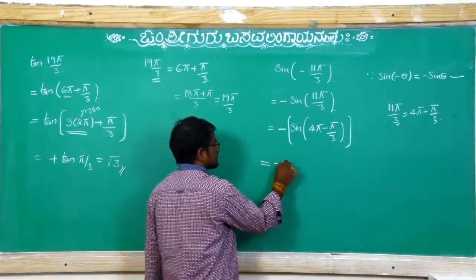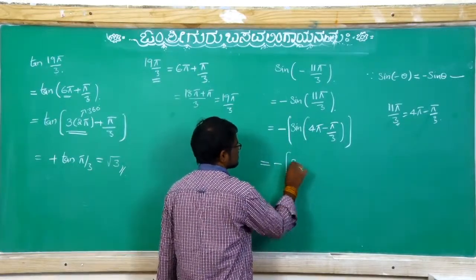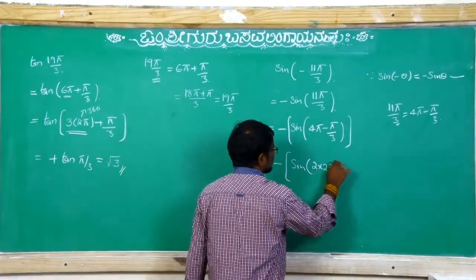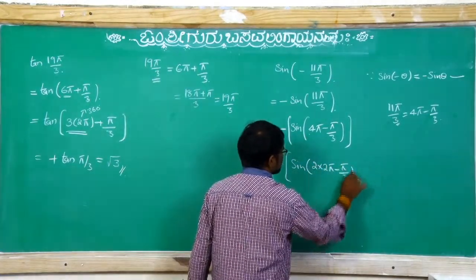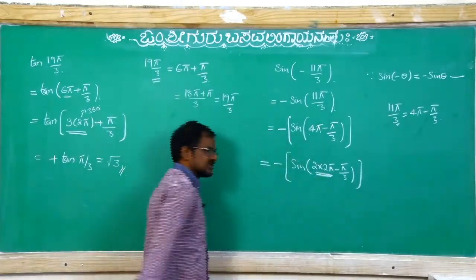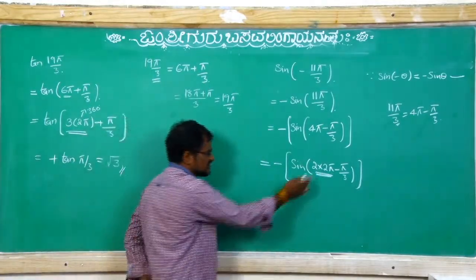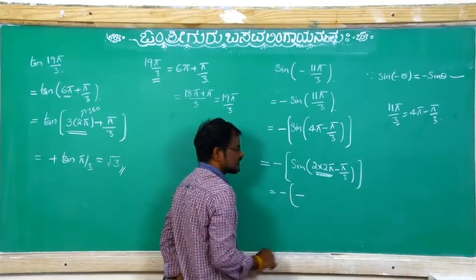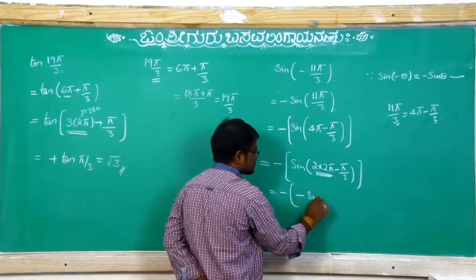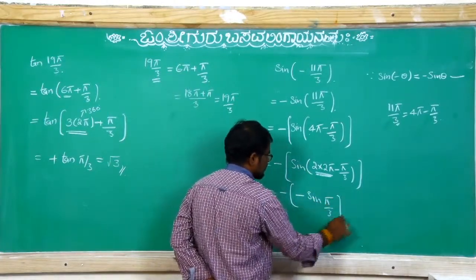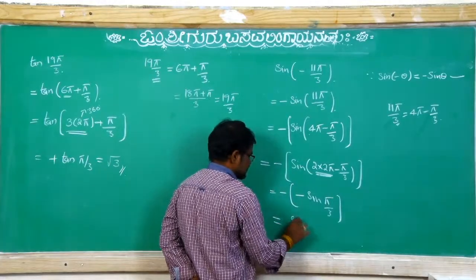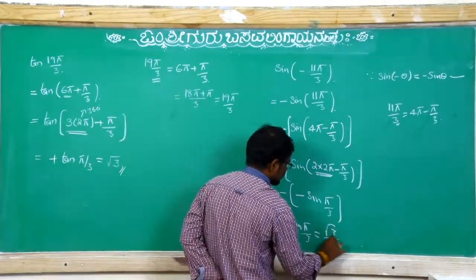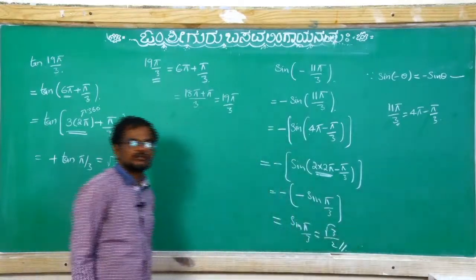Again it can be written as sine of 2 into 2 pi minus pi by 3, multiple of 360 minus, fourth quadrant sine negative. At 360 sine does not change, sine pi by 3. Minus of minus plus sine pi by 3, sine 60. Sine 60 is root 3 by 2.